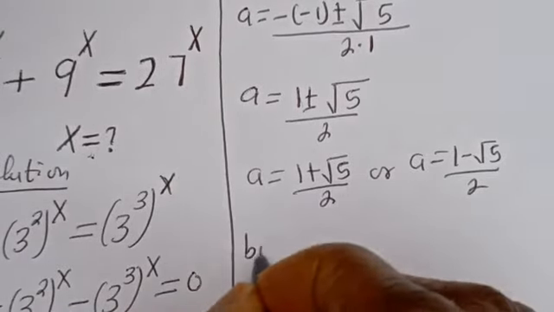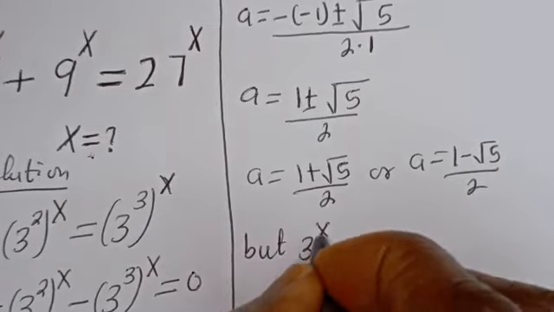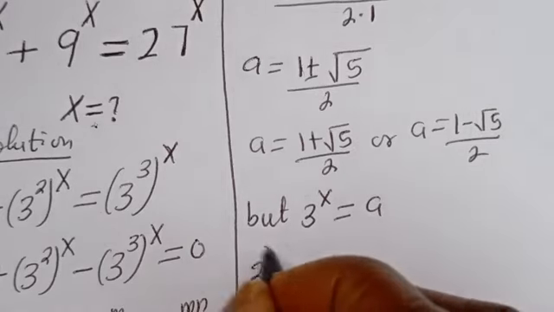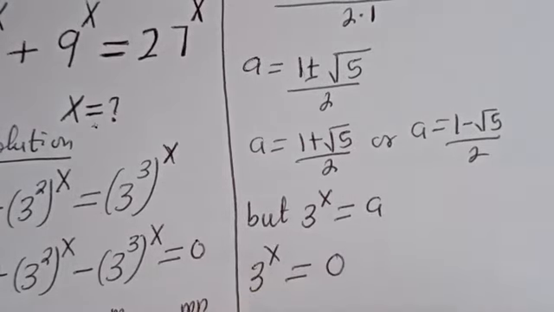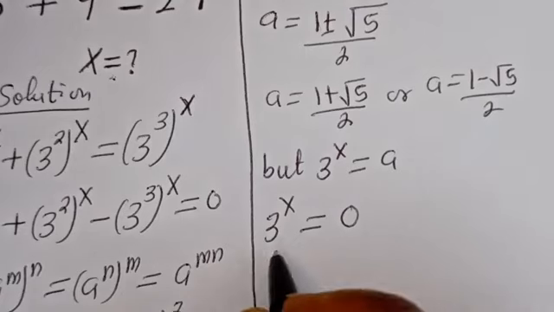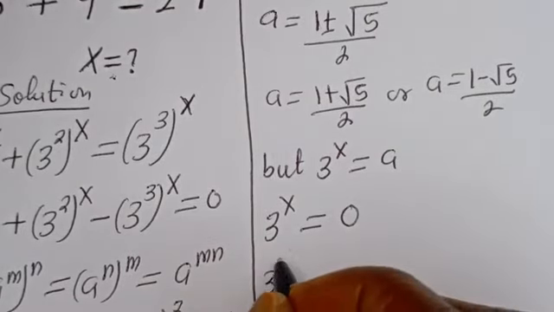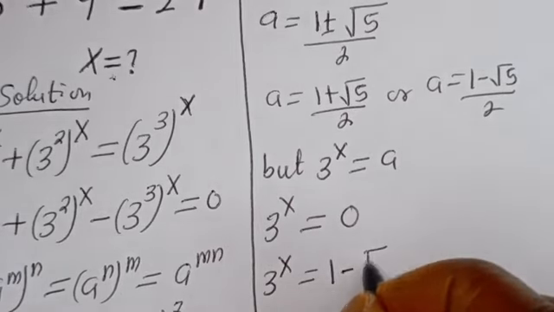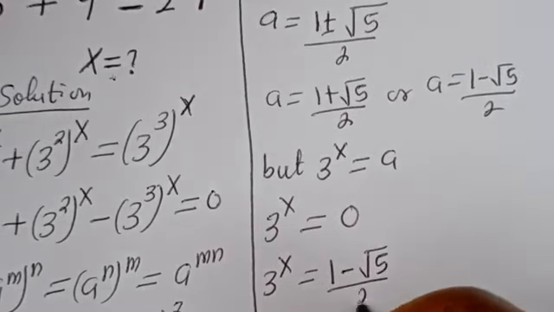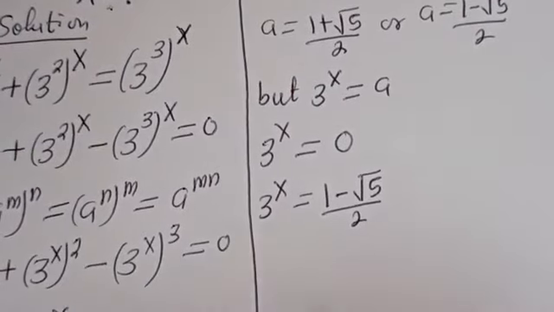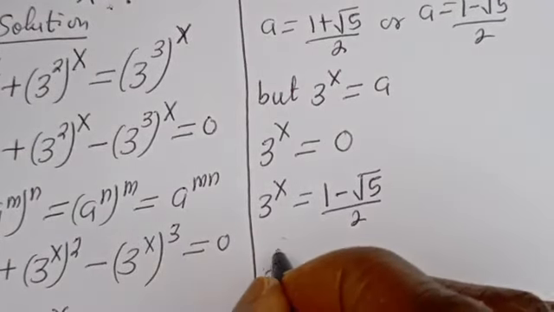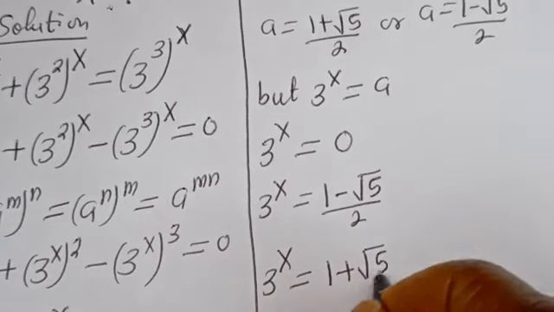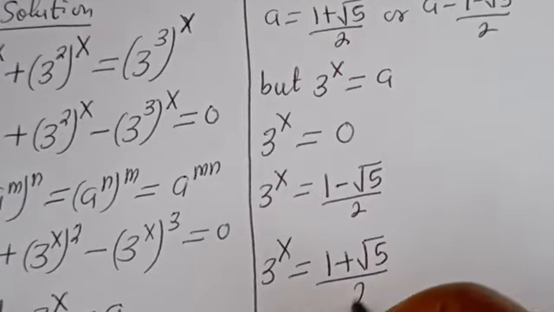But 3 to the power of x is equal to a. Therefore we have 3 to the power of x is equal to the first value of a, which is 0, and 3 to the power of x is equal to 1 minus square root of 5 divided by 2, and lastly 3 to the power of x is equal to 1 plus square root of 5 divided by 2.